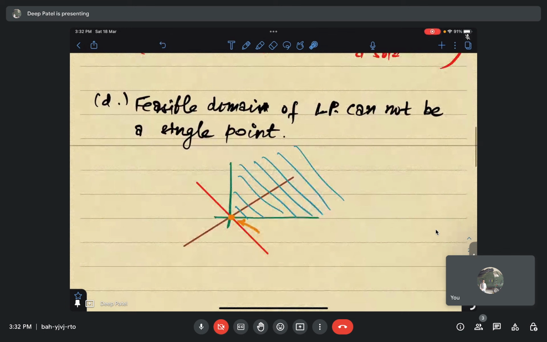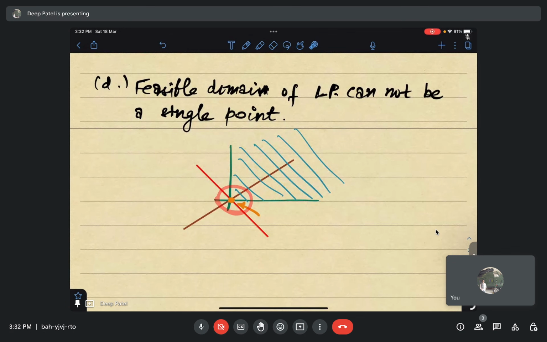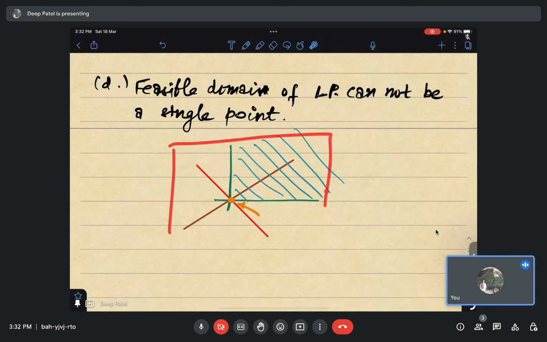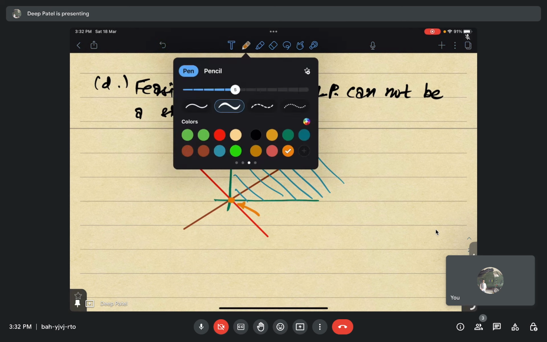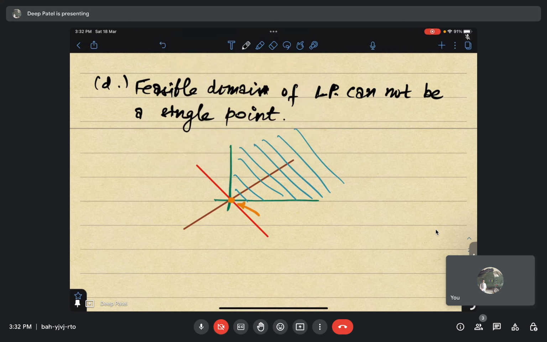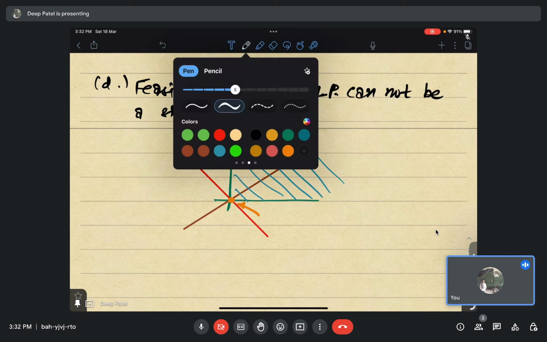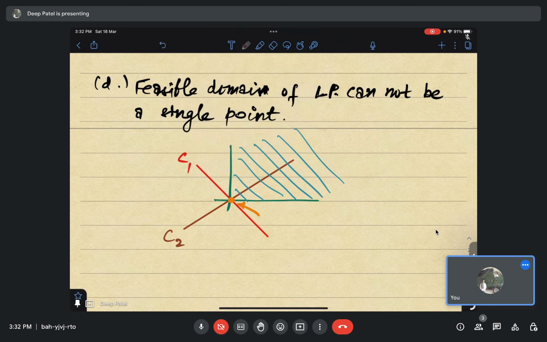So I take back my earlier comment. I don't need to worry about whether C and c transpose x are aligned in a certain way. By definition, my feasible set is a singleton, this orange point. The feasible set is a polyhedral region, so that's not an issue. Here it is just a singleton. This is my constraint 1, this is my constraint 2, and this is my constraint 3.